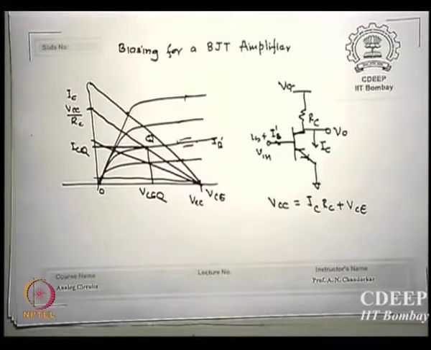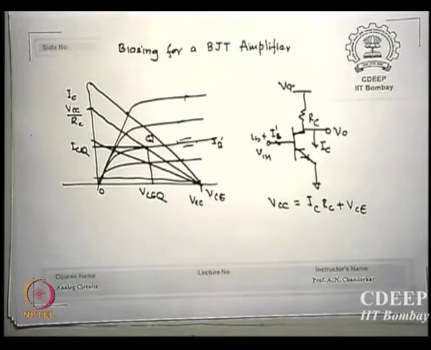It will be larger than the change in IB because of the beta gain, but still small enough, and it should remain within the active mode of the transistor. The transistor should not come out of it, and therefore I said that I cannot have a large input signal, because it may then swing the device to the saturation or cutoff side.